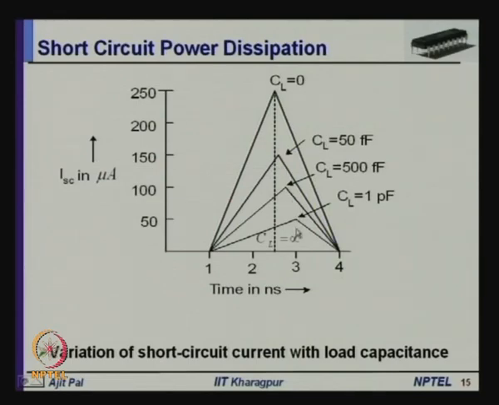As a consequence the current that will flow will be smaller, and the area enclosed by this triangle will be less. That means, when the load capacitance is increased, the short circuit power dissipation gets reduced.